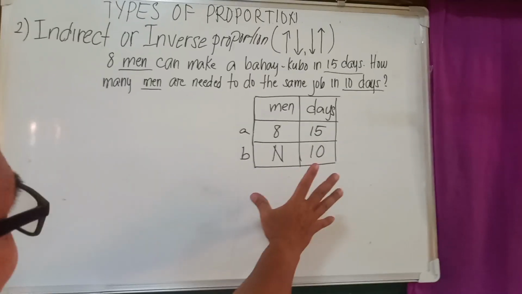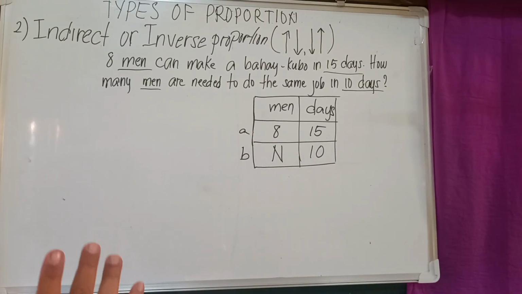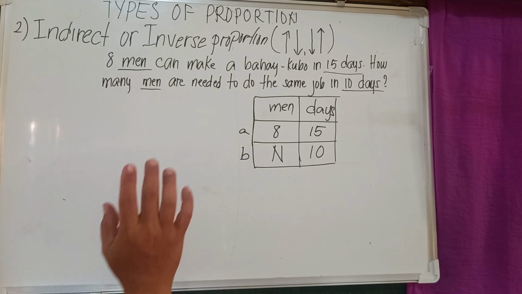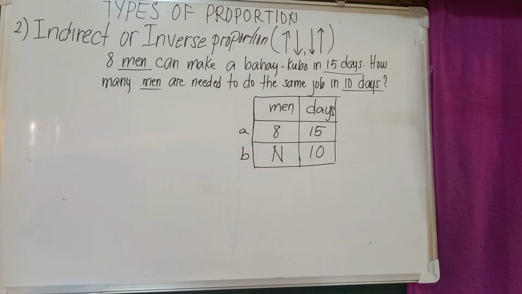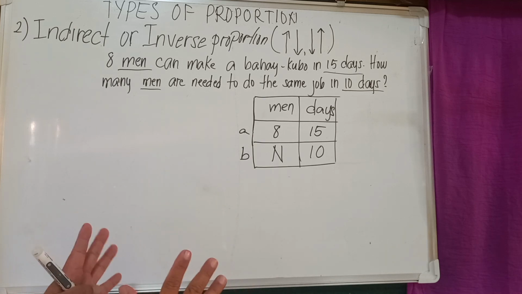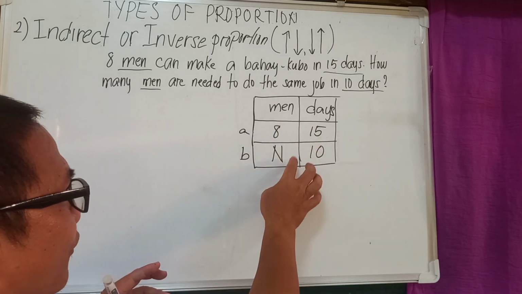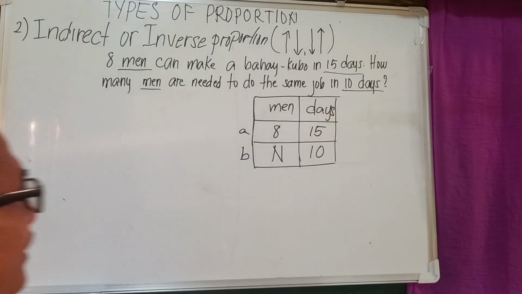Now, from this table, let us set up a proportion. Dito, huwag kayong malilito kasi sa pag-set up natin ng proportion, ang gagawin nating ratio ay magkaparehas ang quantity. For example, men to men, days to days.